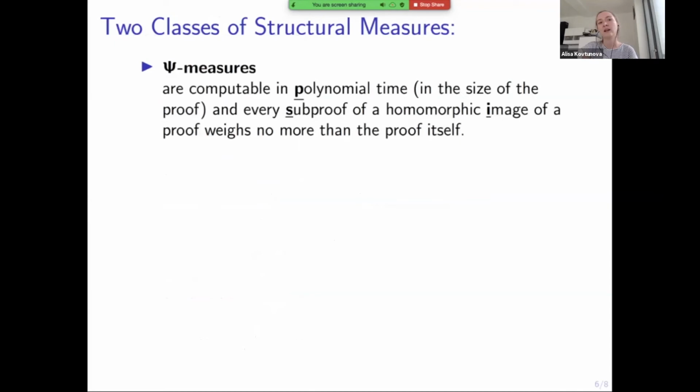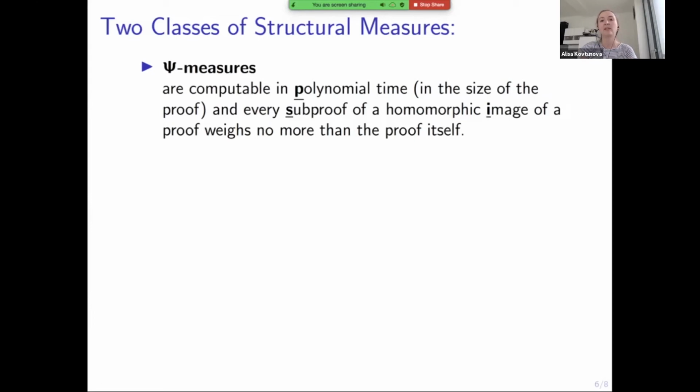We categorize these measures into 2 classes. So we define 2 classes of structural measures. A psi measure should be computable in polynomial time. We wanted to find tractable results, first of all, and that's why we concentrated on polynomial time measuring functions.